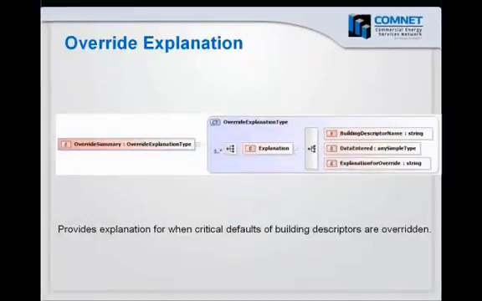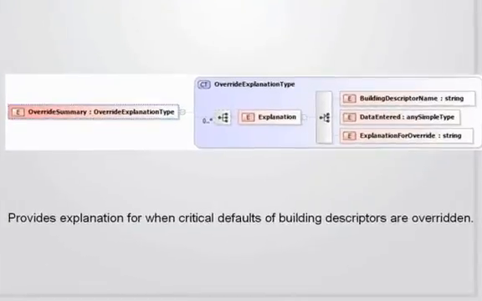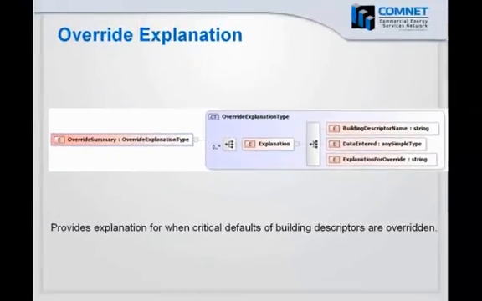Override explanation, this just contains information for any opportunities for documenting an explanation for when any critical defaults of building descriptors are overridden. This just provides an opportunity to document that.